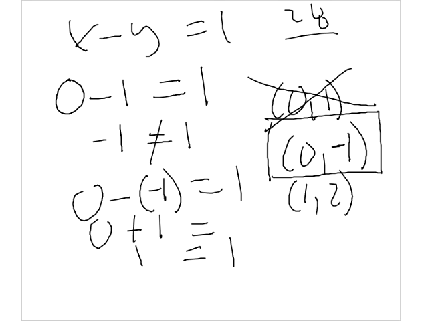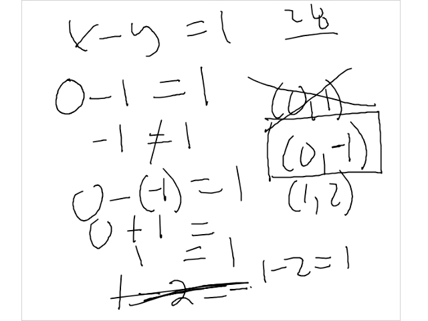Okay, then the last one we're going to plug in 1 for x and 2 for y. So does 1 minus 2 equal 1? Well, actually, 1 minus 2 is minus 1, and minus 1 is not equal to 1, so the point 1, 2 does not satisfy.